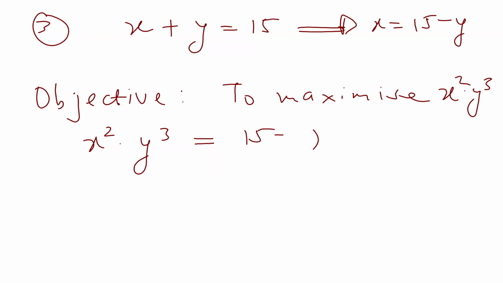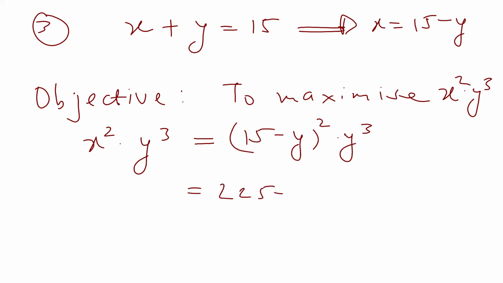You can do the other way around also. You can write y in terms of x also, not a problem. 15 minus y the whole square into y cube, so this is equal to 225.